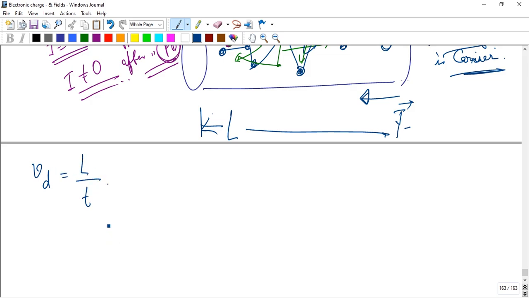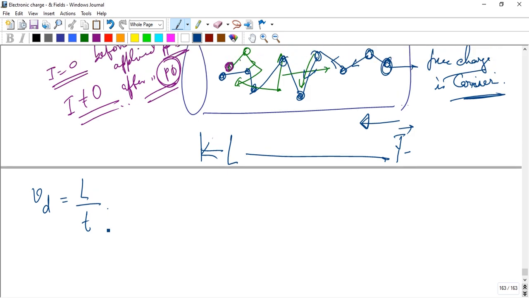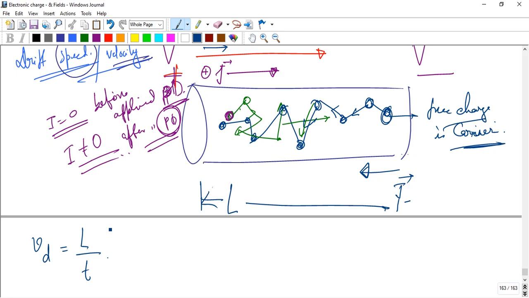That is the basic velocity formula. Now, if we consider the free charge carrier moving from one end, suppose A to B, for a negative free charge carrier, or if we choose positive, then B to A direction.